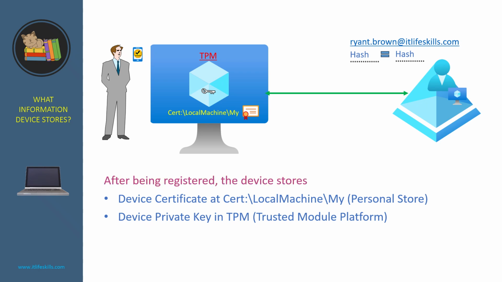After being registered, the device stores the device certificate in the local machine's personal store and the device private key in the TPM, because the device certificate and the device private key will be used in the future authentication and authorization process with Microsoft Entra ID.